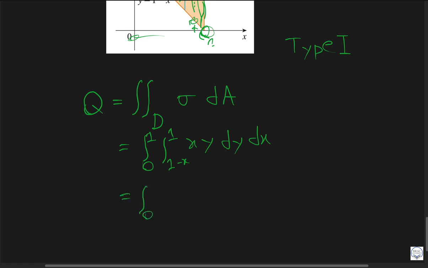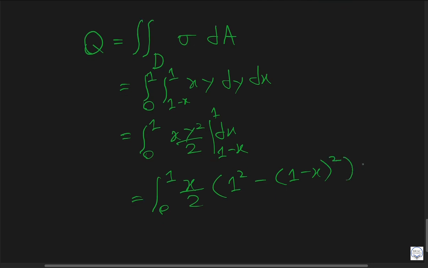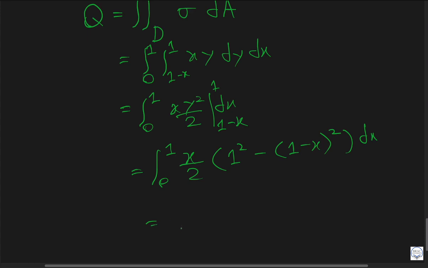So we'll do the y integral first, treating x as a constant. This will give us xy squared divided by 2 dx, where we have to put in the limits 1 and 1 minus x. So you can take x by 2 common to get 1 squared, the upper limit, minus 1 minus x squared, the lower limit, times dx. Now we take the half outside.